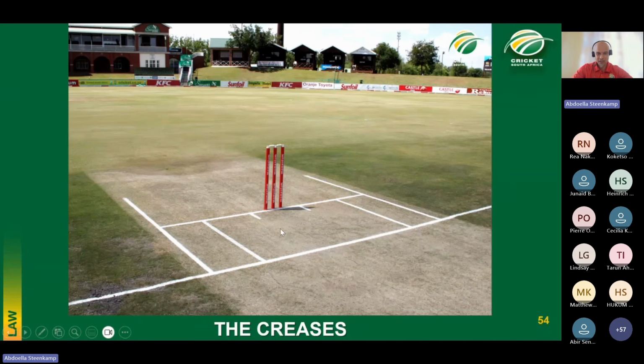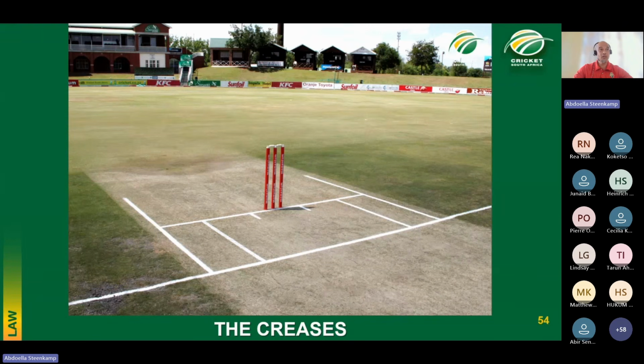And those other 2 small lines that we also see here, those are called the protected area markings. Later in the course, especially for those of you that are going to do level 2 and level 3, we can go into lots of detail about the protected area and what those measurements are.